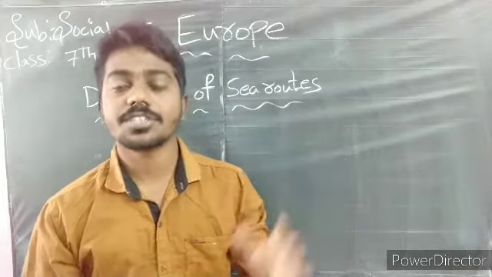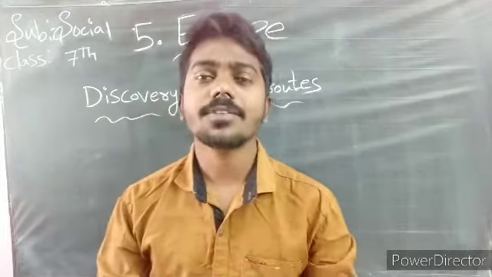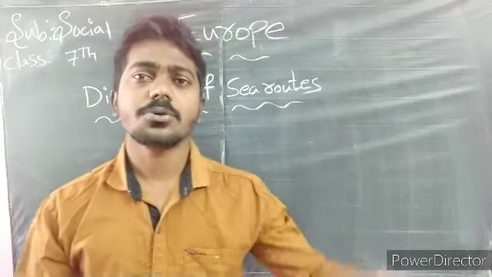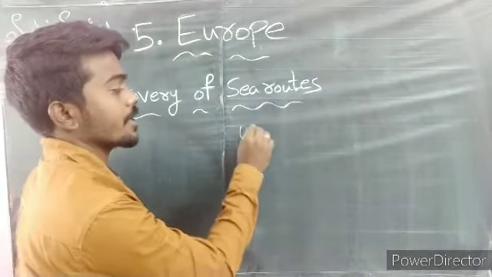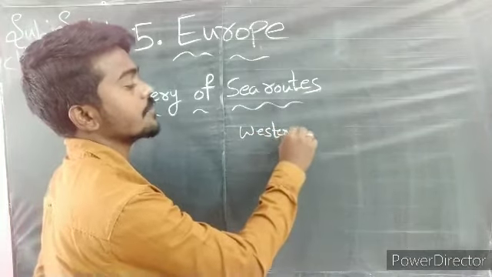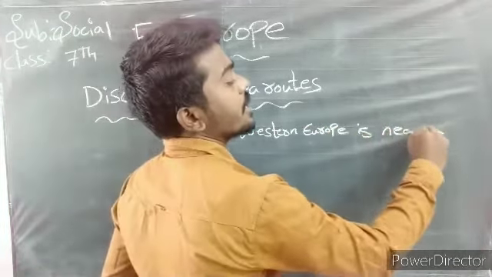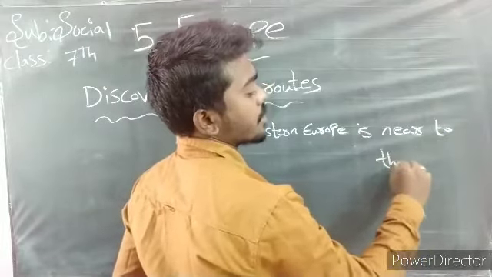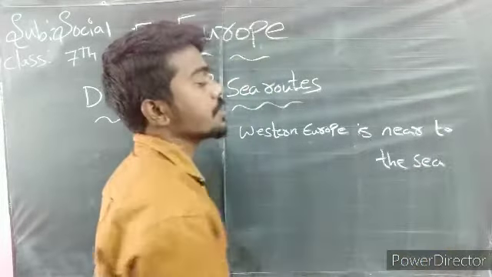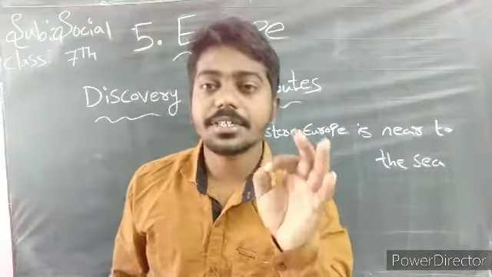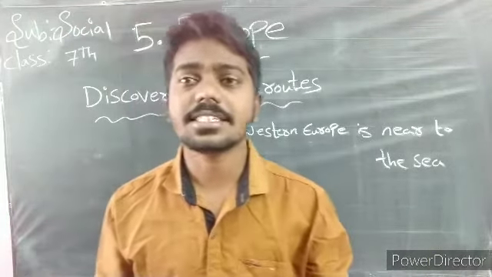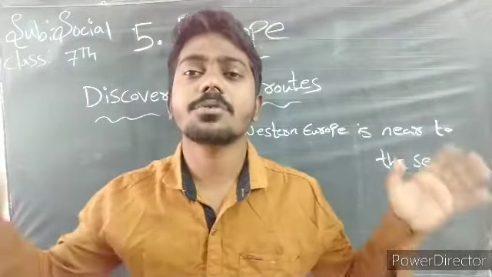Coming to the discovery of sea routes, if you see the map of Western Europe, the total Western Europe is near to the sea. Yes or no, children? If you take our Asia, it is far away from the oceans.